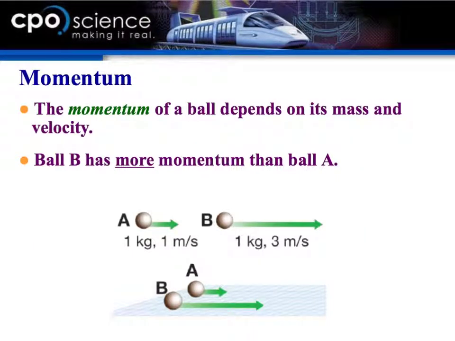The momentum of a ball depends on its mass and velocity. Let's look at these two balls, ball A and ball B. Ball A has a mass of 1 kilogram and a velocity of 1 meter per second.